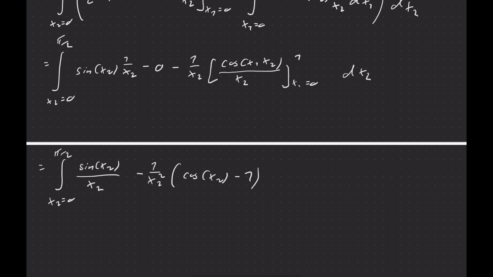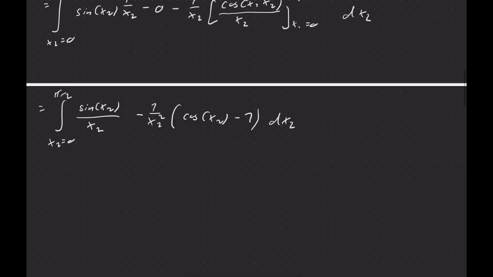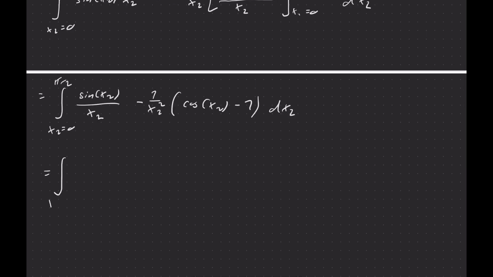The cosine of 0 is 1. Okay, so the integral that we have to solve now with respect to x2 is sine of x2 over x2 minus cosine of x2 over x2 squared plus 1 over x2 squared dx2.